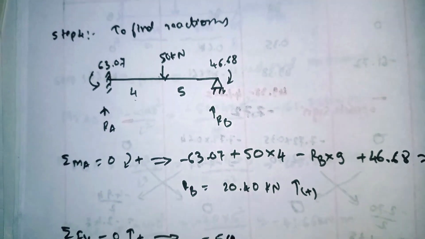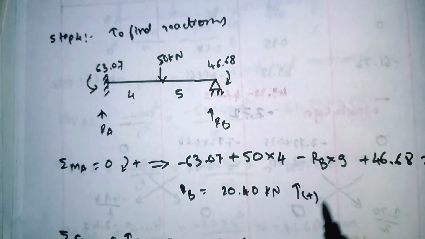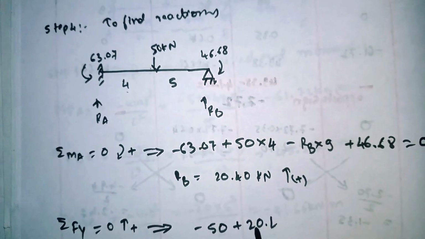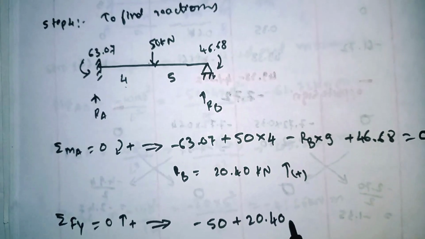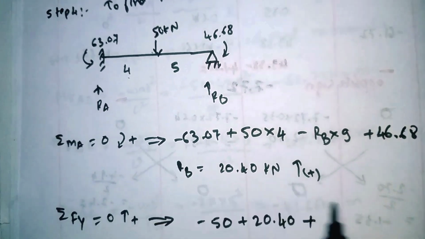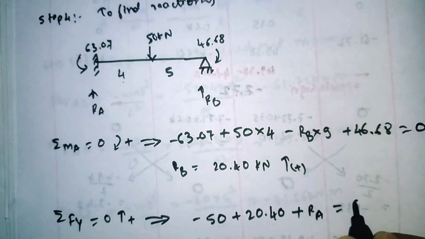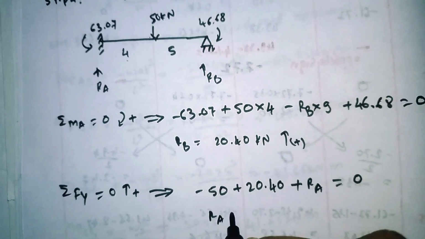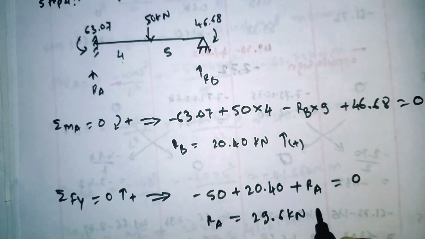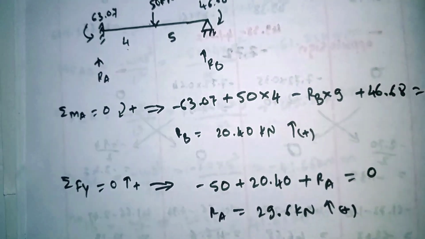So minus 50 plus RB, we got the value 20.40, it is moving upward, plus RA is equal to 0. So simplifying, we'll get our RA value as 29.6 kilonewton. It is moving upward, it is also positive.